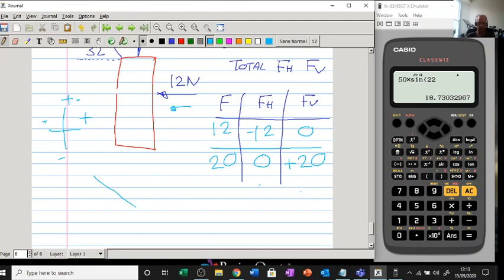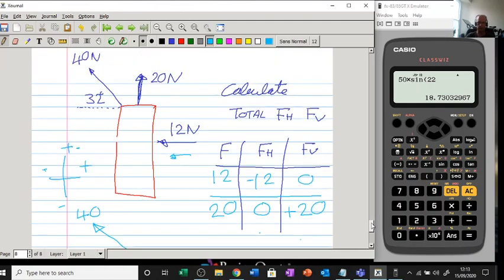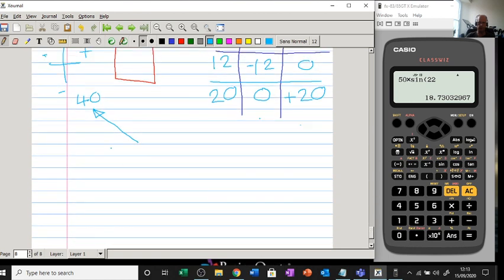So where's my force? Is it 40 and 32? 32 degrees there. We need to work out the vertical force and the horizontal force.